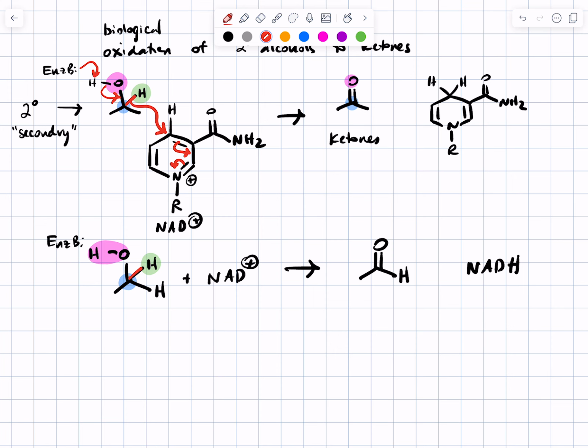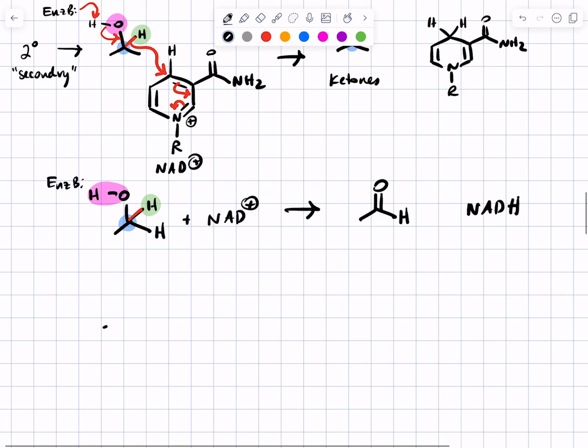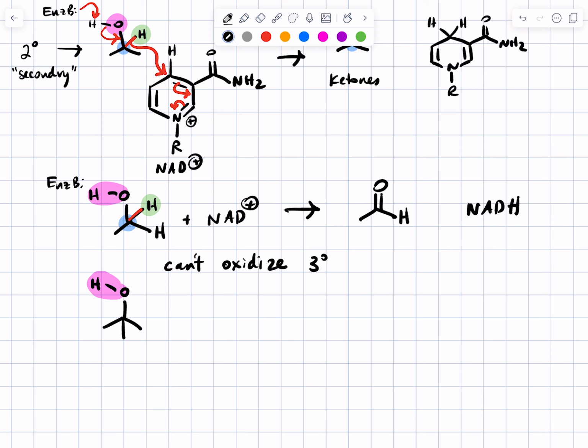Okay? What's the problem? Why can't I oxidize a tertiary alcohol? I could remove this proton for sure on the pink oxygen, but I have no hydride leaving group, in air quotes to indicate, they're not really air quotes if you write them out.